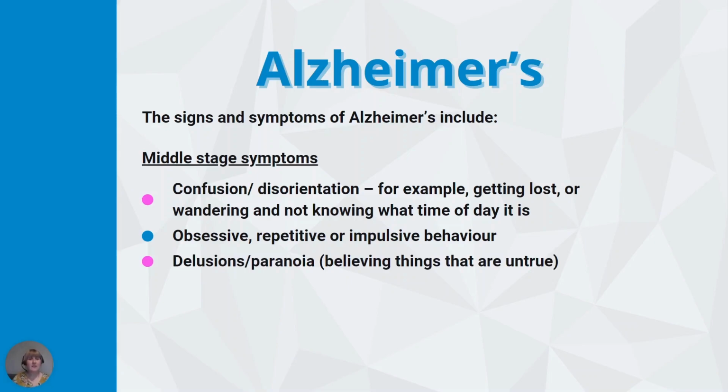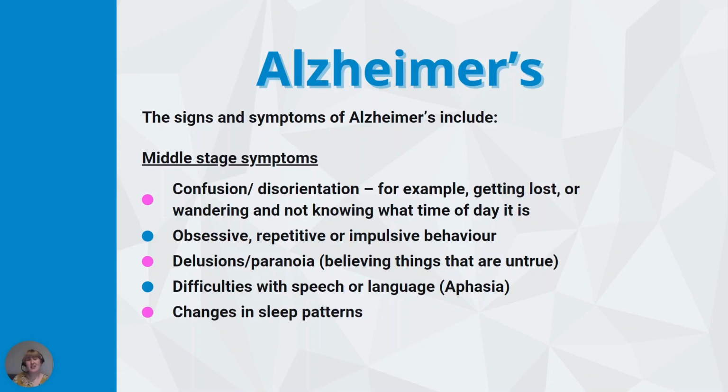They can also have delusions and paranoia. They believe things that are happening around them, even though that's not true. This is when people tend to start to come out with conspiracy theories, and they become quite untrusting. They don't trust the people that are around them. And they can also begin to have difficulties with speech or language. This is known as dysphagia.